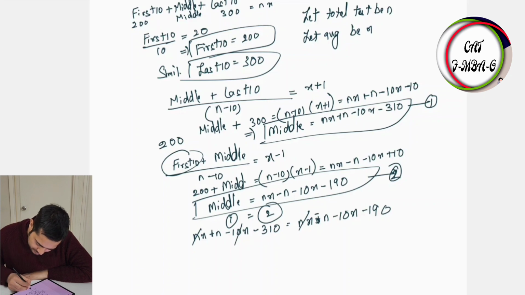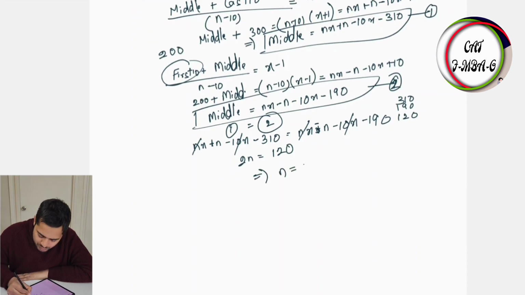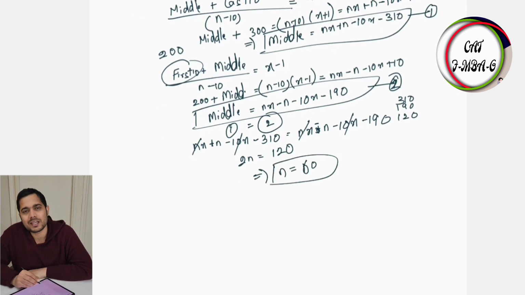Minus 10x, 10x get cancelled. So 2n is equal to 310 minus 190. It should be 120. That implies n is equal to 60. So the total number of tests taken is 60.